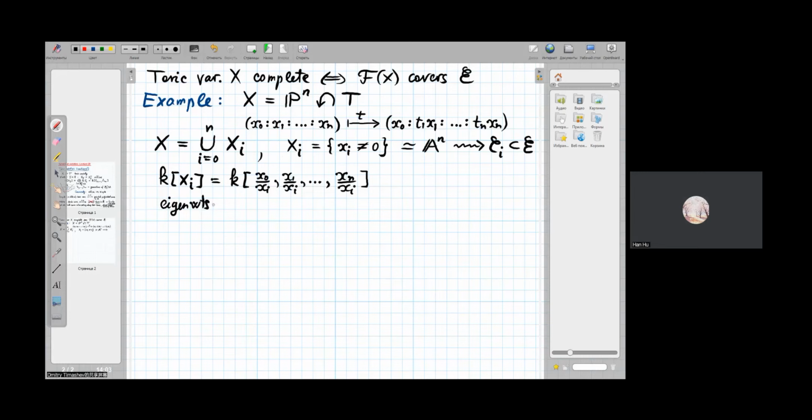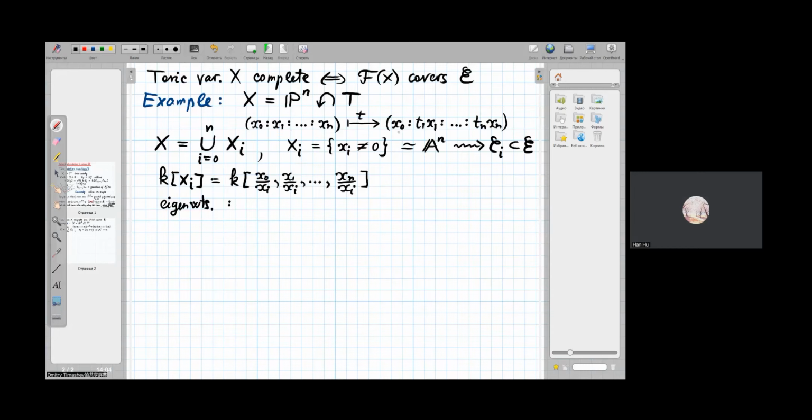are the following. Yes, professor? You write Xi covers X. Does that mean that Xi is a simple T-variety? Yes, Xi is a simple T-variety. Xi is an affine T-variety, and I claimed before that any affine T-variety is simple. But in this case it is visible that it is simple, because what are the orbits?